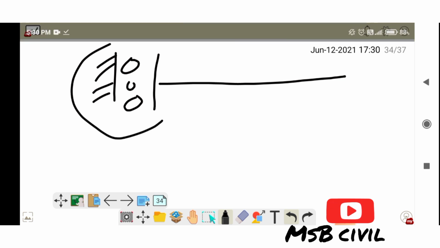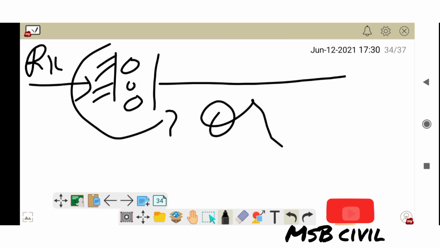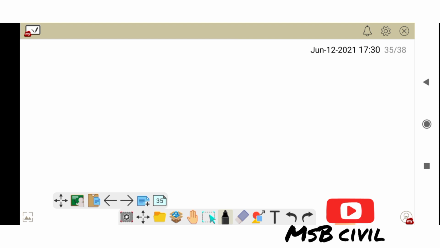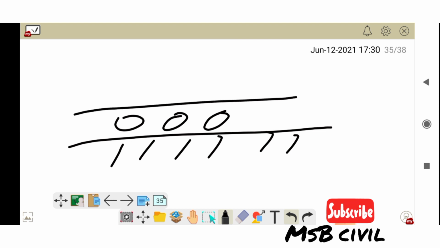Here the movement occurs in this direction and Rx will act. Or in another type, in the vertical direction, the double roller support looks like this.